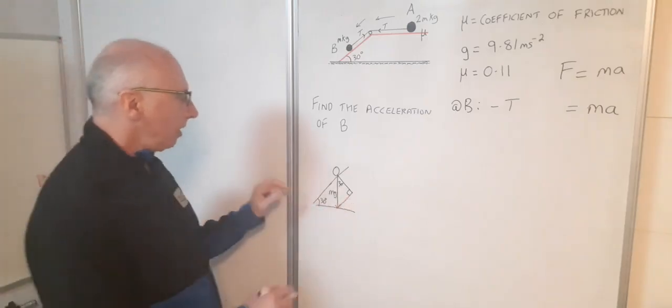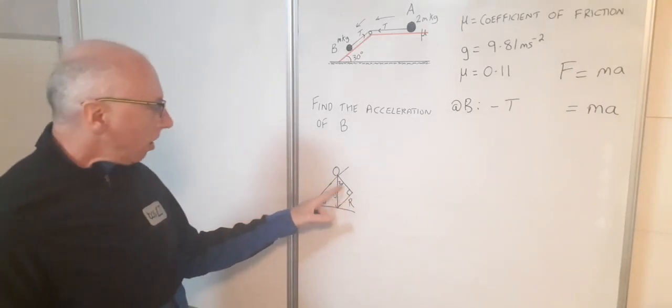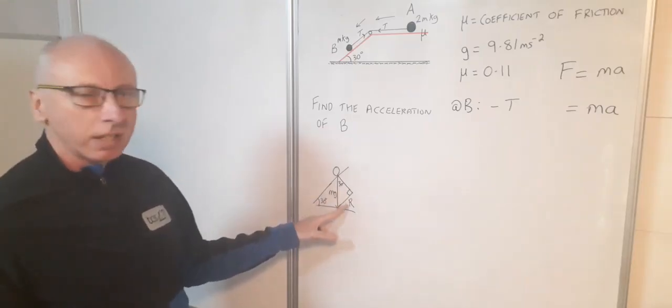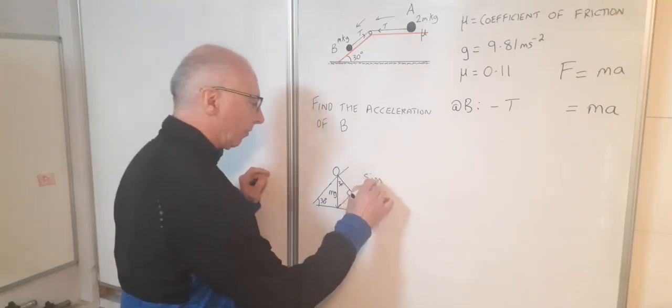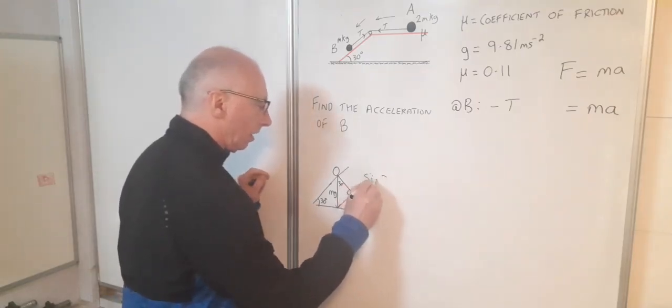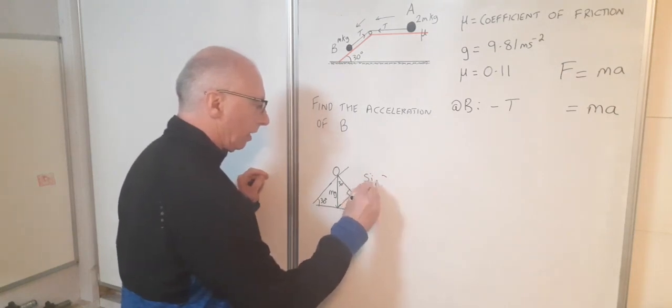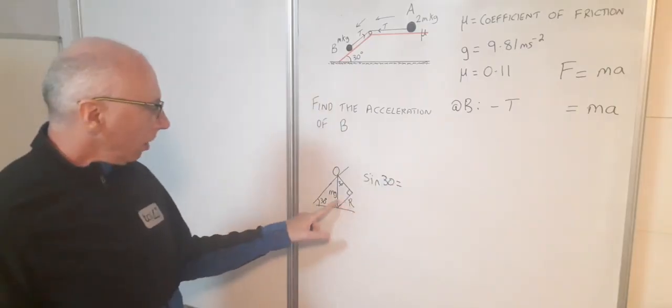Now to find this is what we want. If I call that R, we'll know that R is opposite to the 30, so hence we need sine. So sine of 30 equals R over mg.